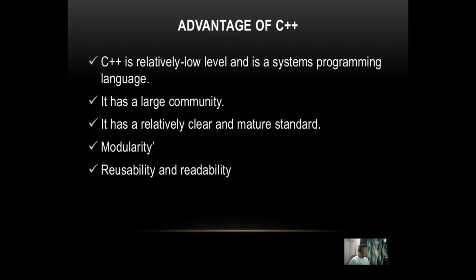Char is a character, a series of characters. And void has no value at all. And we have user-defined data types: structure, union, class, enumeration. We also have derived data types: array, function, pointer, and reference.